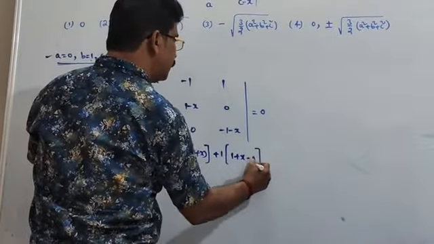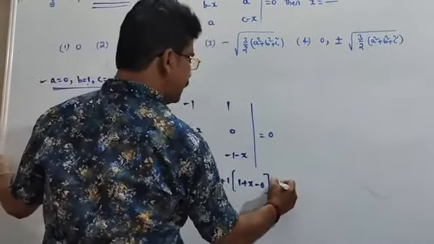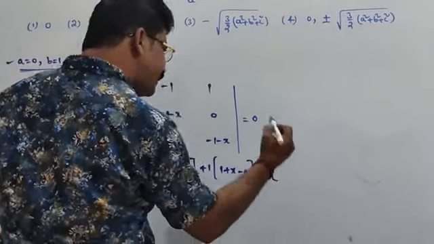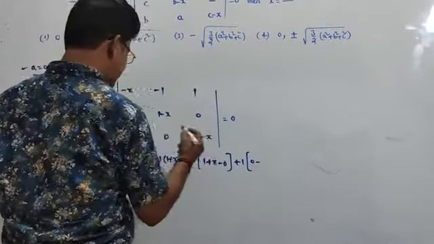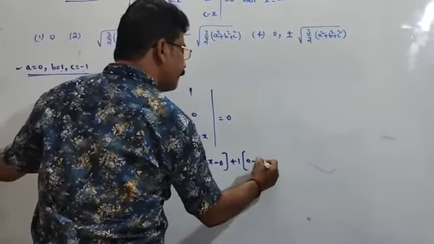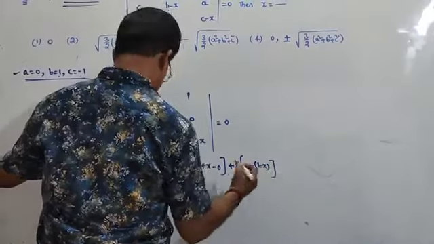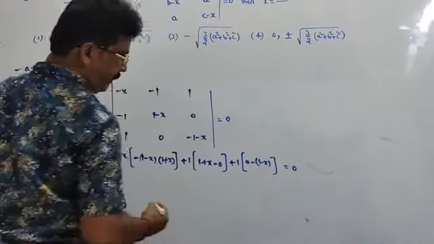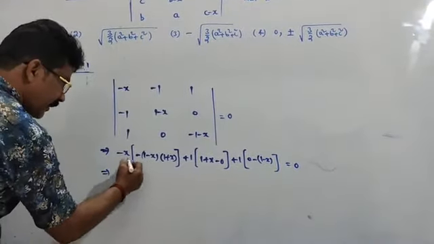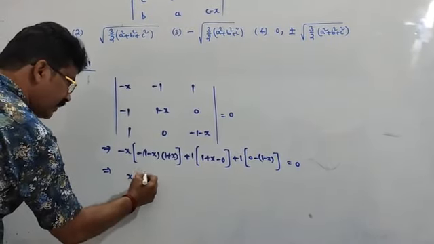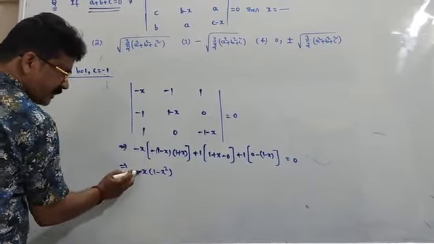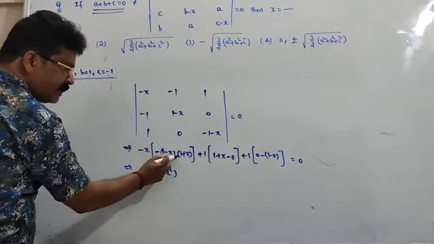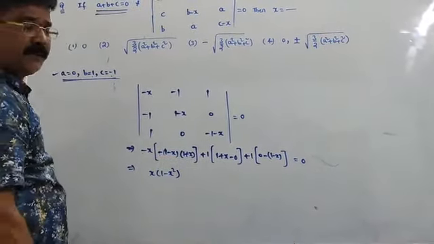Minus 0. Next, plus 1 into plus 1 into 0, 0 minus 1 minus x. So that is equal to 0. Hence x into (1 minus x square) minus into minus plus x into (a plus b)(a minus b), a square minus b square.